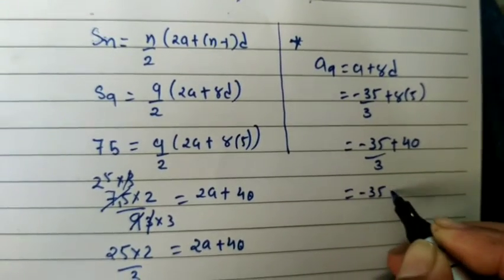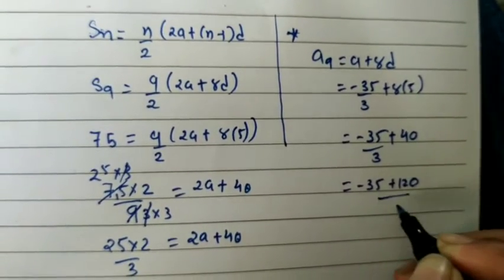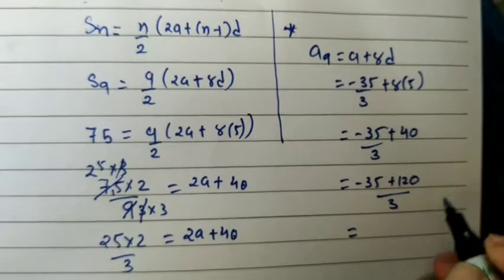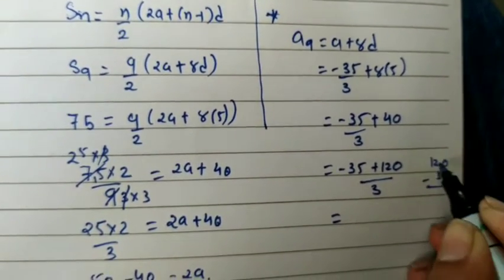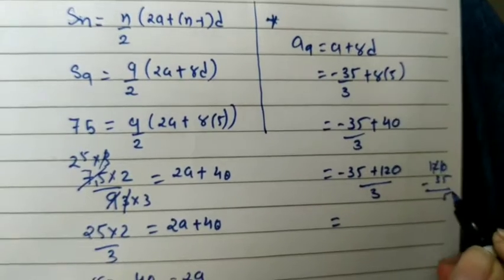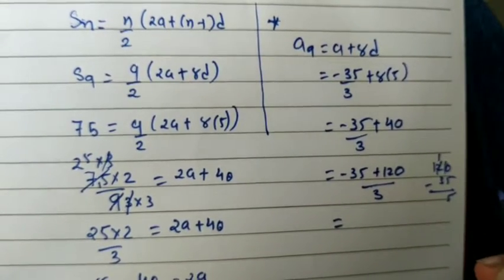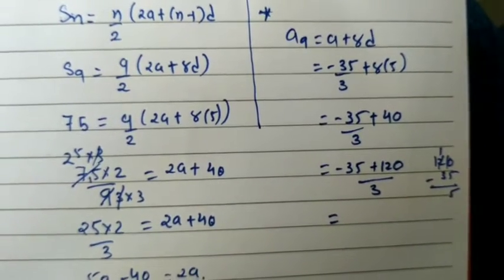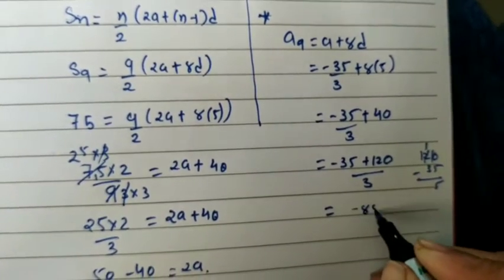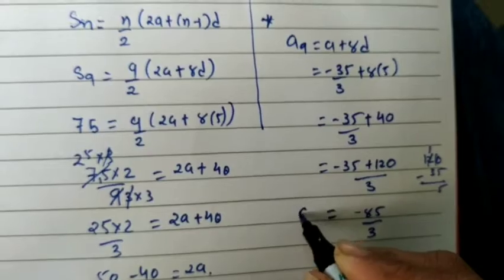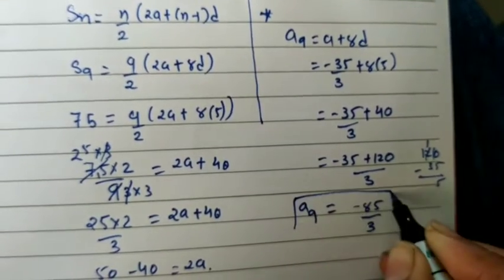Let us take the LCM there. 120 minus 35 we have to do in rough. So what are we getting? Minus 85 by 3 we are getting. So this is the answer of a9.